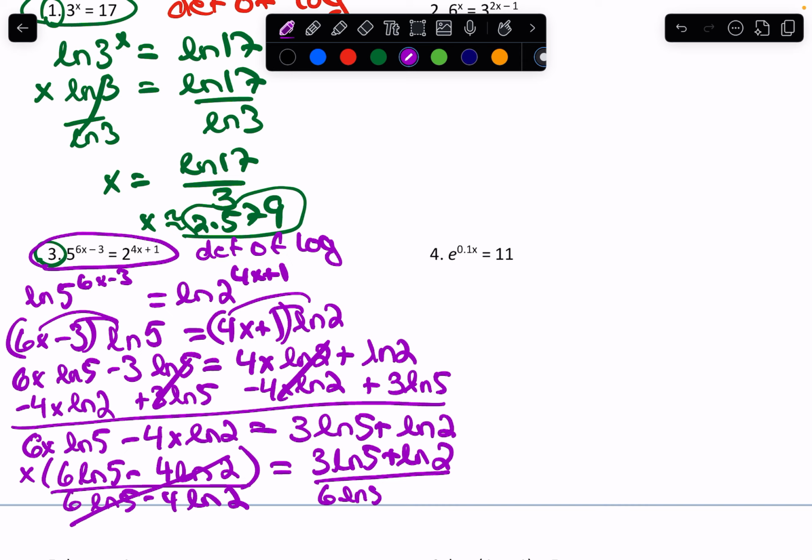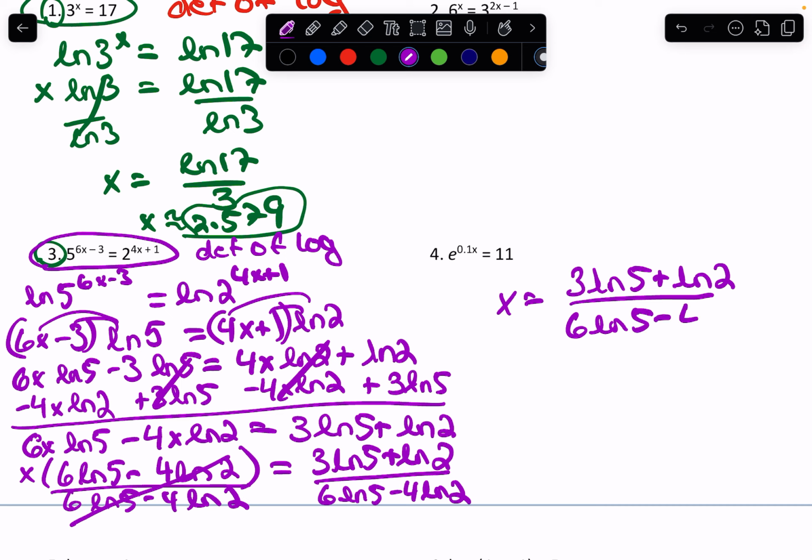So the same thing here. And now we have x equals 3 natural log of 5 plus natural log of 2 over 6 natural log of 5 minus 4 natural log of 2.